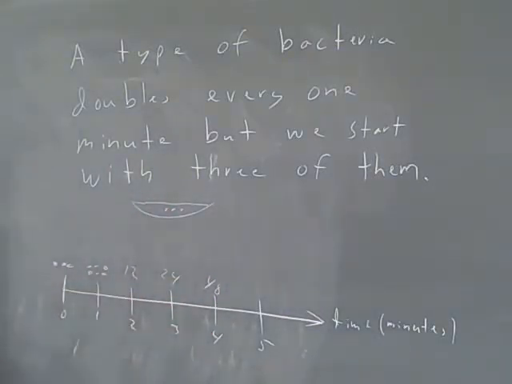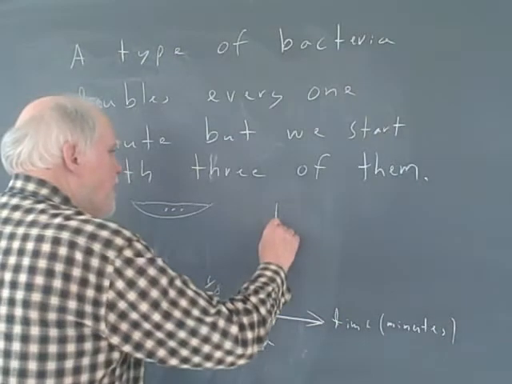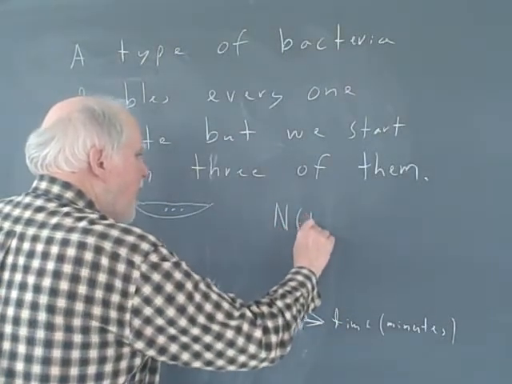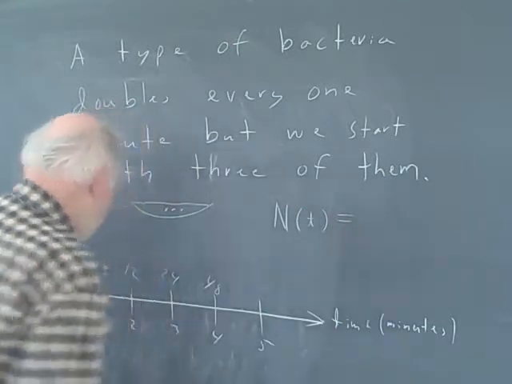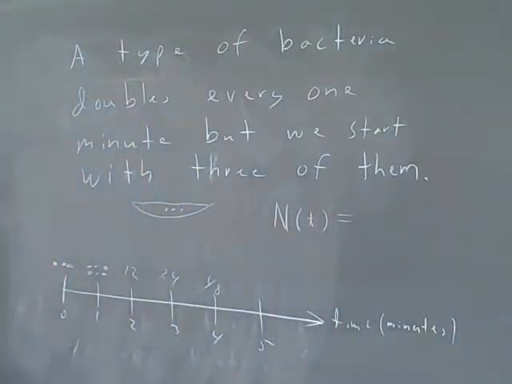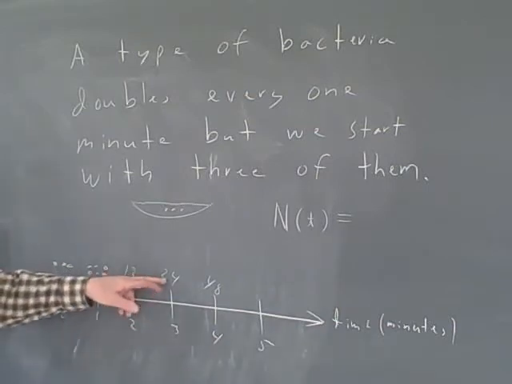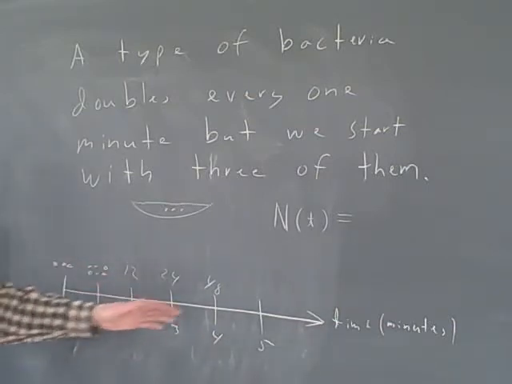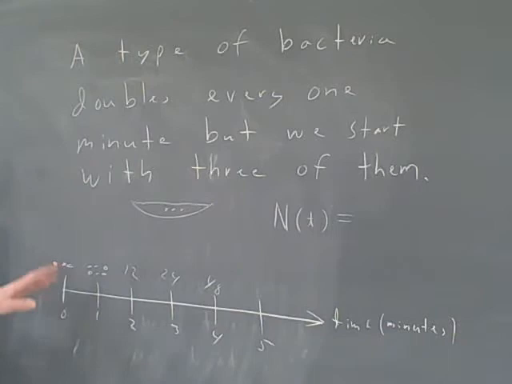Now we have to get an equation, n of t, that describes this. And again, I always ask the class, what could we do? And they try different things, and we see if they work. Because if you put 3 in, then you've got to get 24, right? It's got to come out right. But then I point out to them, it's as though you're running 3 petri dishes at the same time with only 1.